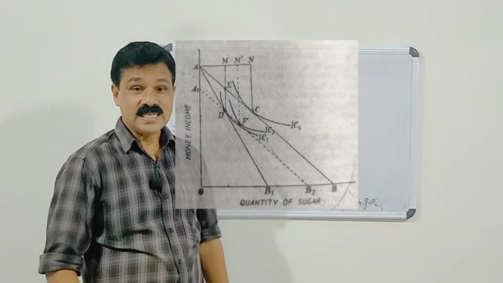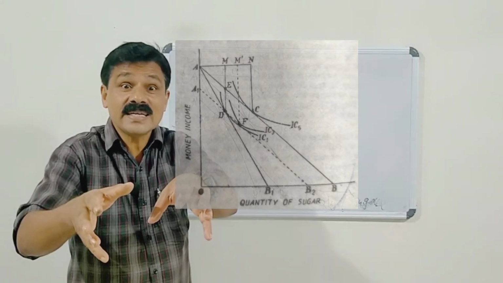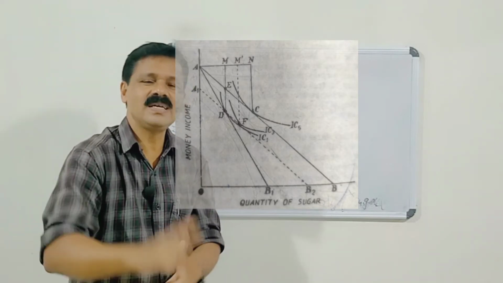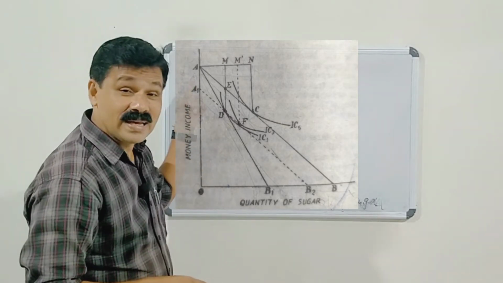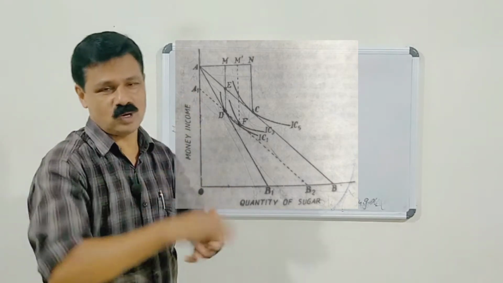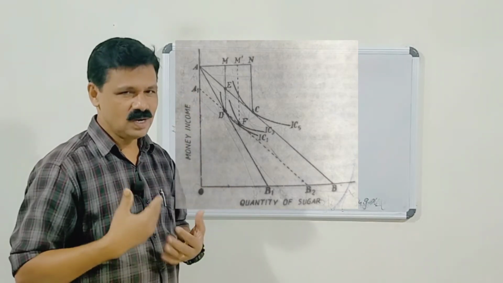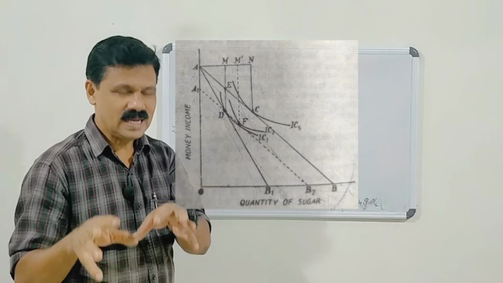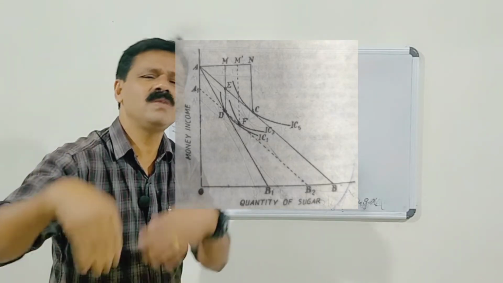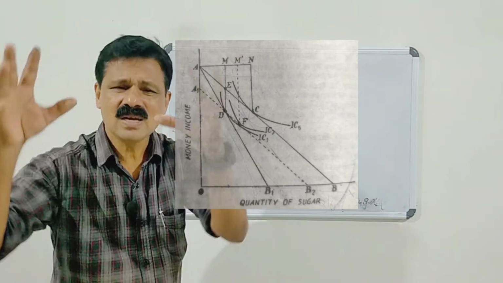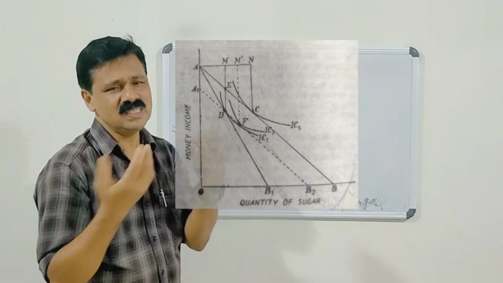Suppose the government levies indirect taxes upon the commodity, say sugar, making it costlier by the full amount of the tax. We know that if the government levies indirect taxes upon a commodity, the price of that commodity will be increased by the full amount of the tax. This is a fact.